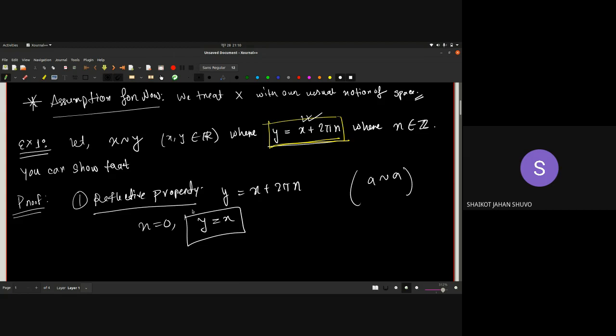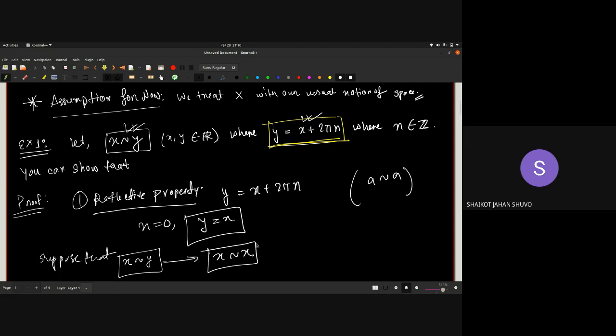Well, you suppose that x is equivalent to y in the very beginning, that you have this equivalence relation only if you have this sort of relation where x and y belong to the real numbers and y is related to x with this relation. Then instead of y, you just put x.